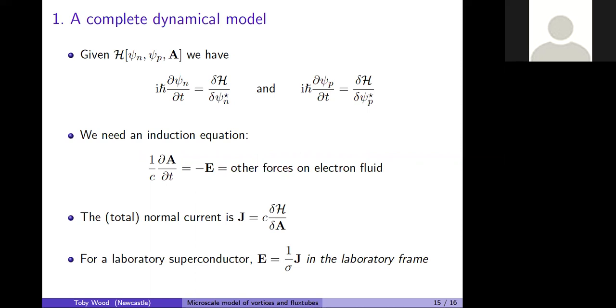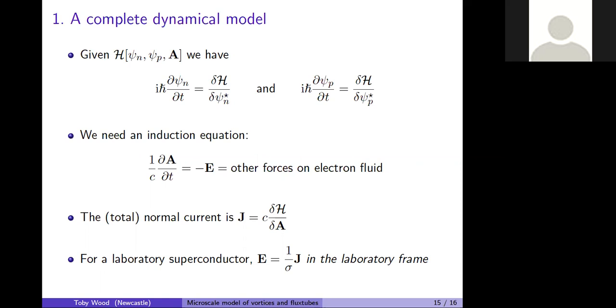Your electrons are being scattered by the material of your superconductor. That gives you a drag force in the laboratory frame, proportional to the velocity of your normal electrons. Those are the only normal components, so that's proportional to the electric current. Then you shove that in here, and it gives you a closed equation for the magnetic field.